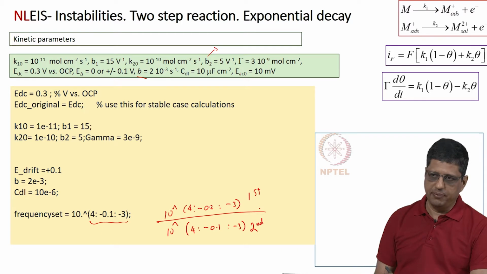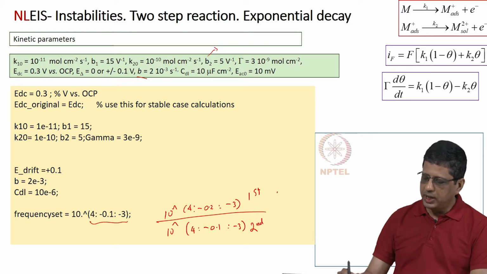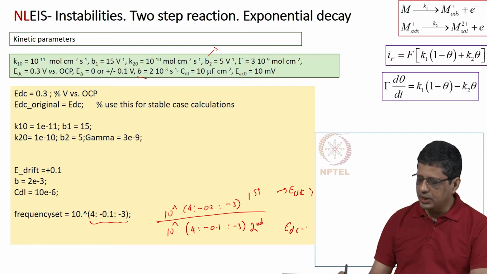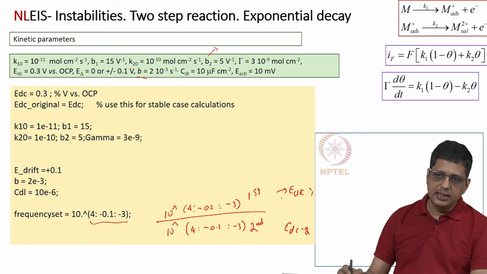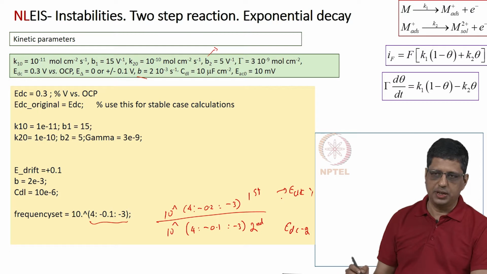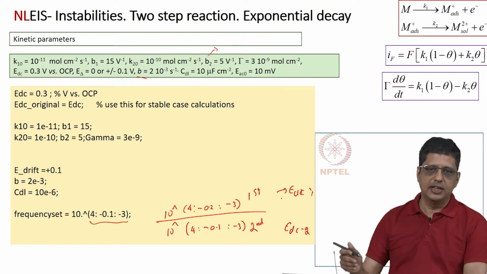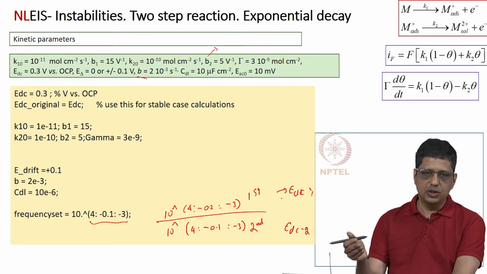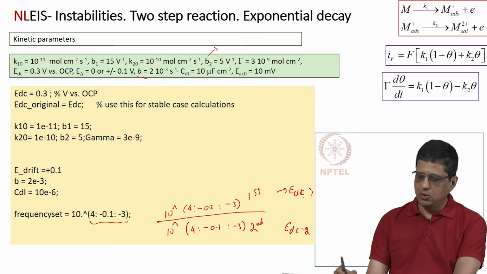Because there is a drift, we will end up at one DC potential at the end of this experiment, and we will end up with another DC potential at the end of this experiment. When I say we will end up at one DC potential, I mean with respect to open circuit potential. With respect to the reference electrode, the instrument will control and it will come to the original potential.